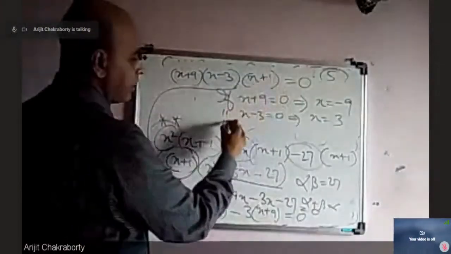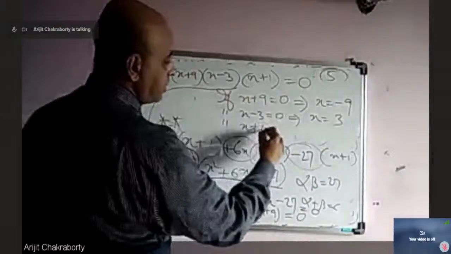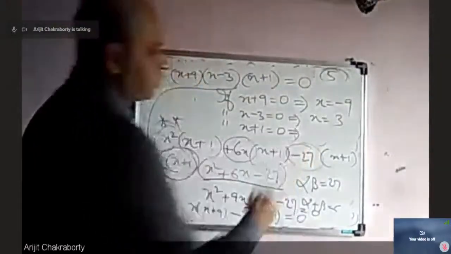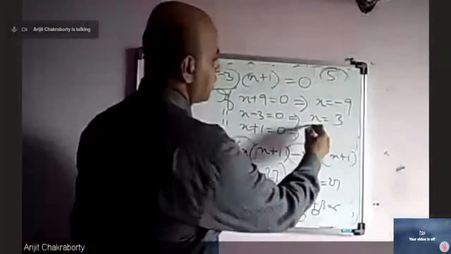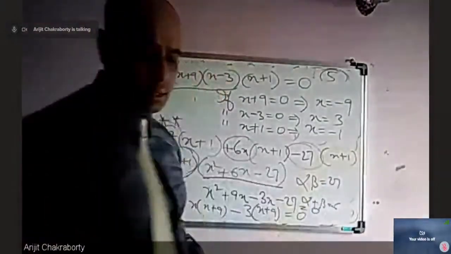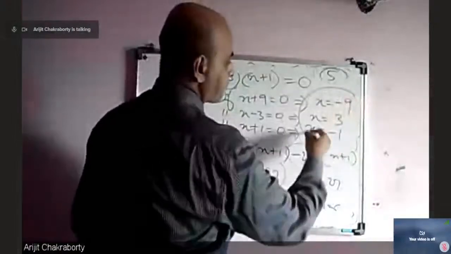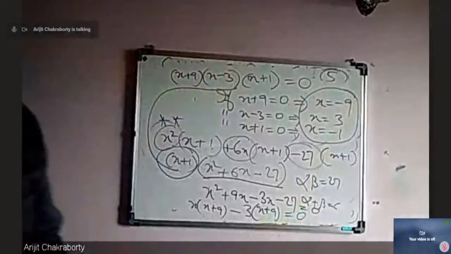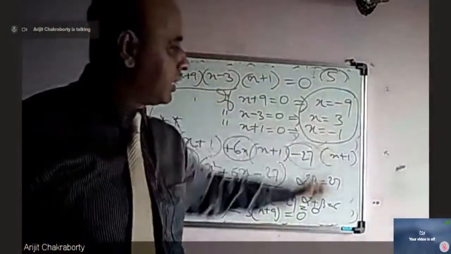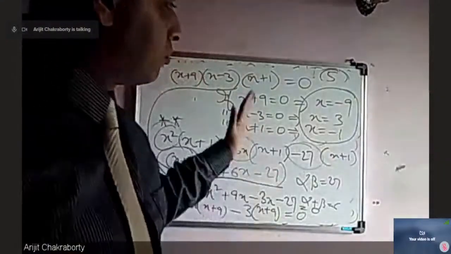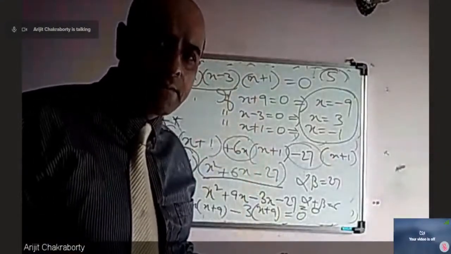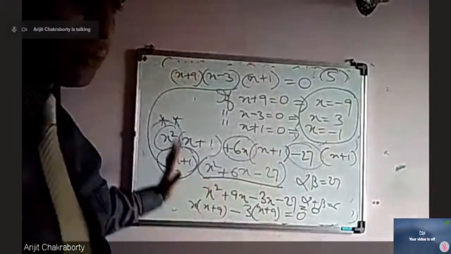Third one, if x plus 1 equal to 0, then x is equal to minus 1. So we have got the 3 solutions: x equal to minus 9, x equal to 3 and x equal to minus 1. Right? I hope you are clear with this.